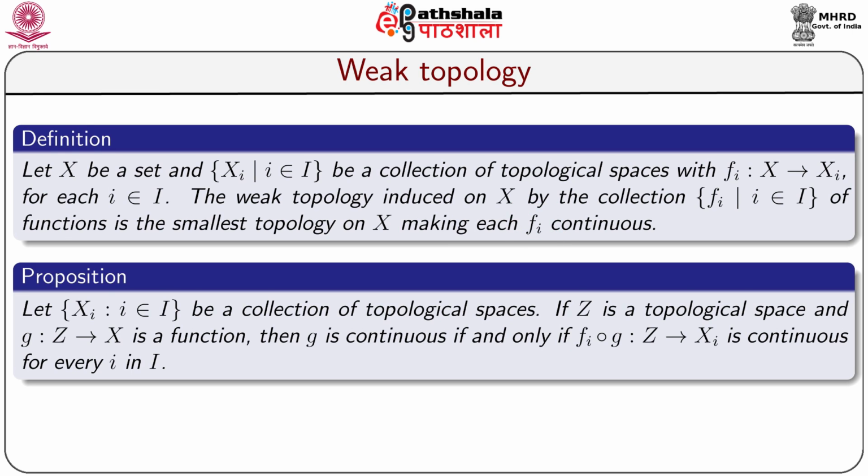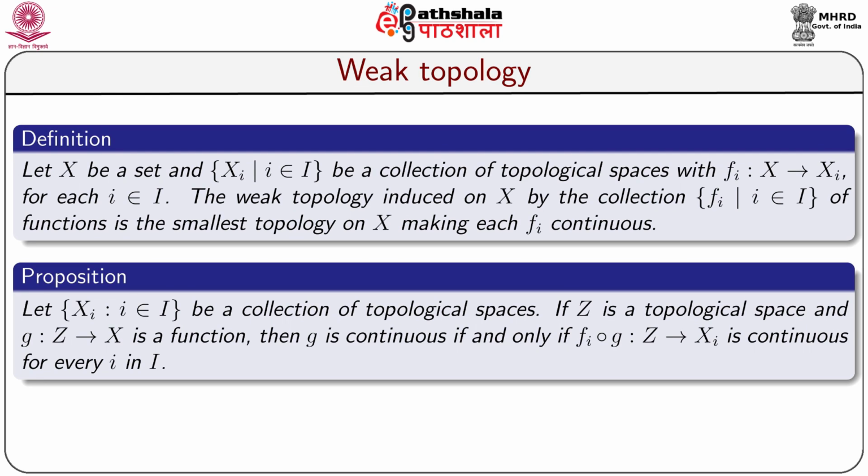Evidently, the topology on X for which the sets f_i inverse of G_i, for i in I and G_i open in X_i, form a subbasis for some topology on X. Now let us consider the following proposition. Let X_i, i belonging to I, be a collection of topological spaces.